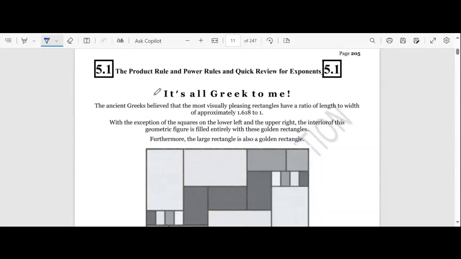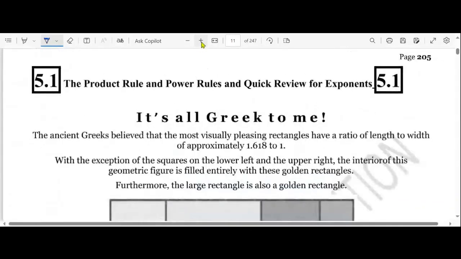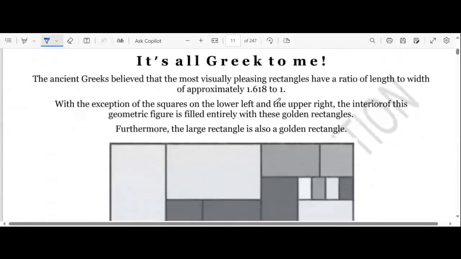The ancient Greeks believed that the most visually pleasing rectangles have a ratio of length to width of approximately 1.618 to 1, with the exceptions of the squares on the lower left and the upper right. The interior of this geometric figure is filled entirely with these golden rectangles.